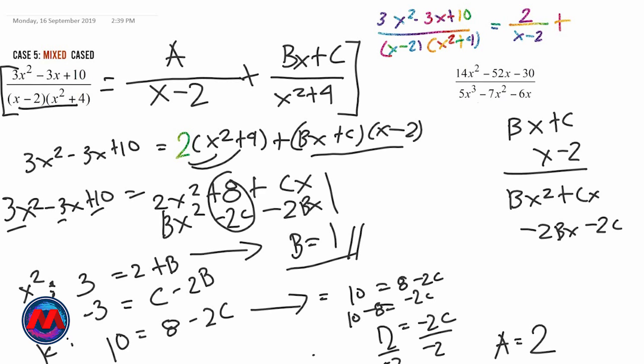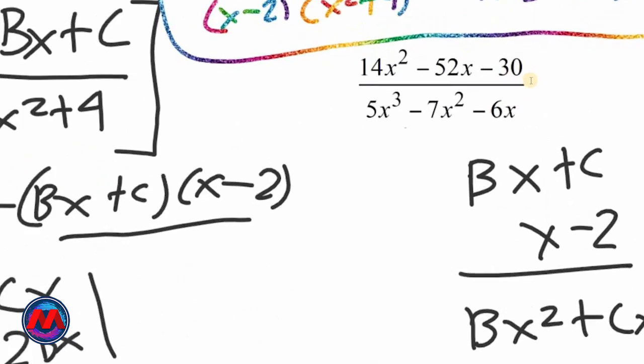B is 1. So that's x plus minus C, kasi joke lang, minus 1 over x squared plus 4. So, ito na po ang ating final answer, guys. So, try solving this.